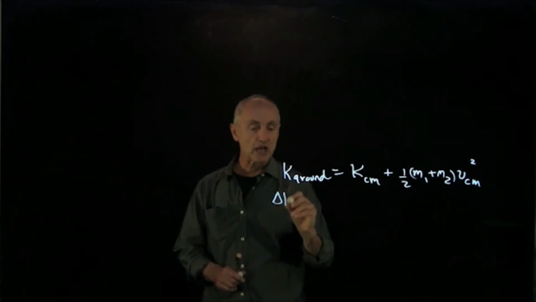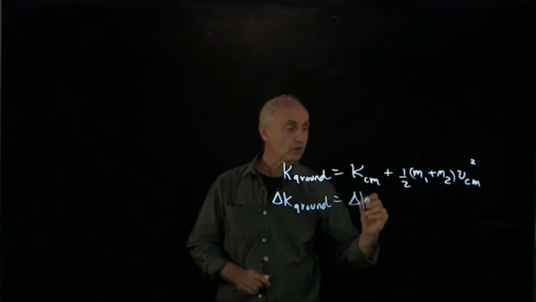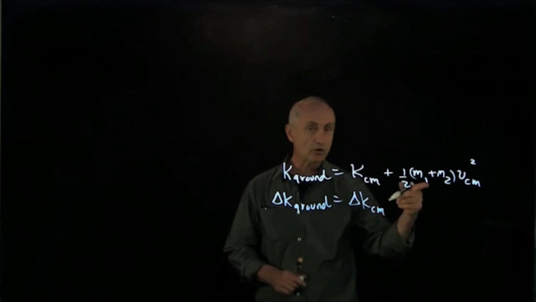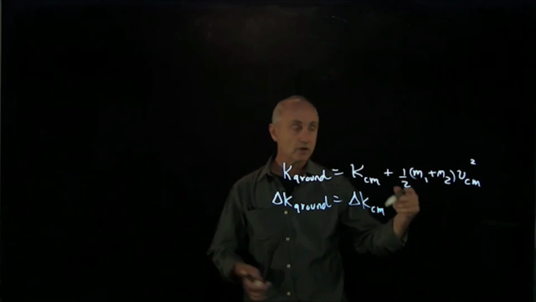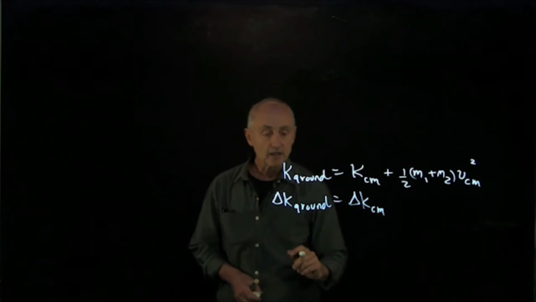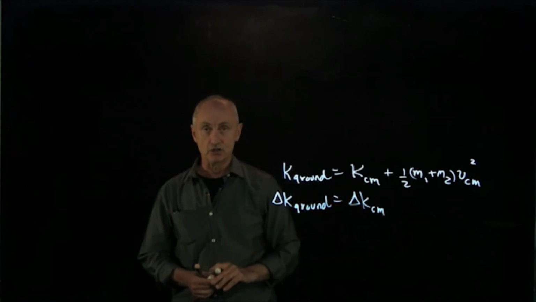So if we look at the change in kinetic energy in the ground frame, that's equal to the change in kinetic energy in the center of mass frame, but this term is a constant, so there's no change in that term. And so we have a crucial result that the change in kinetic energy in the ground frame is equal to the change in kinetic energy in the center of mass frame.